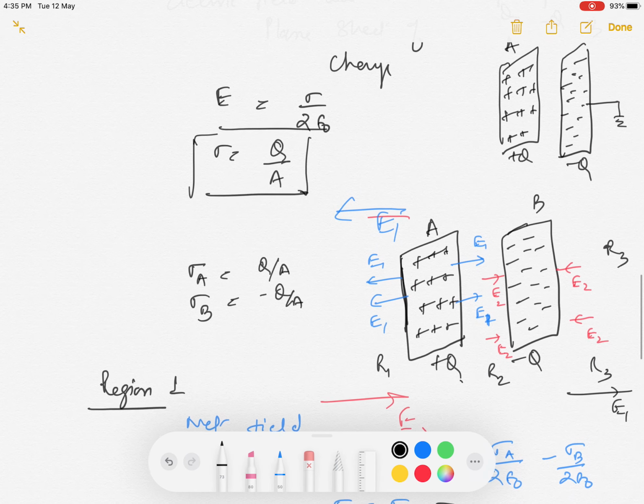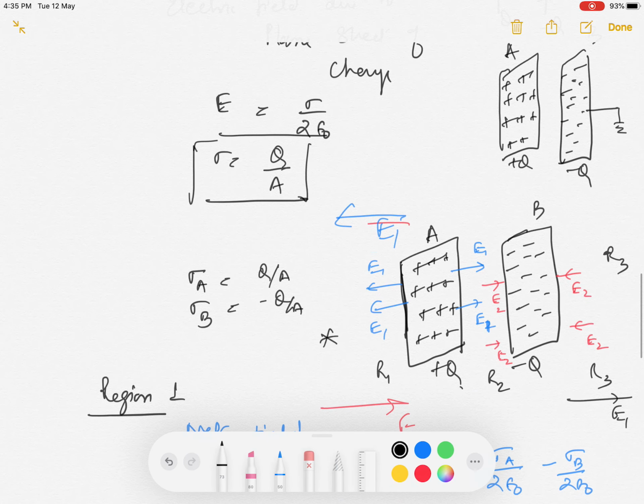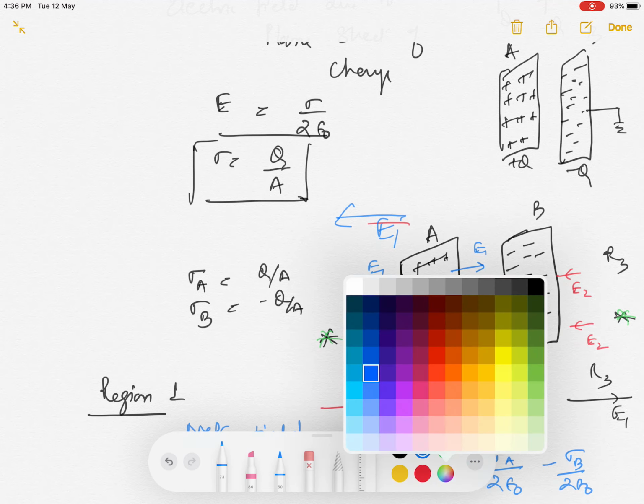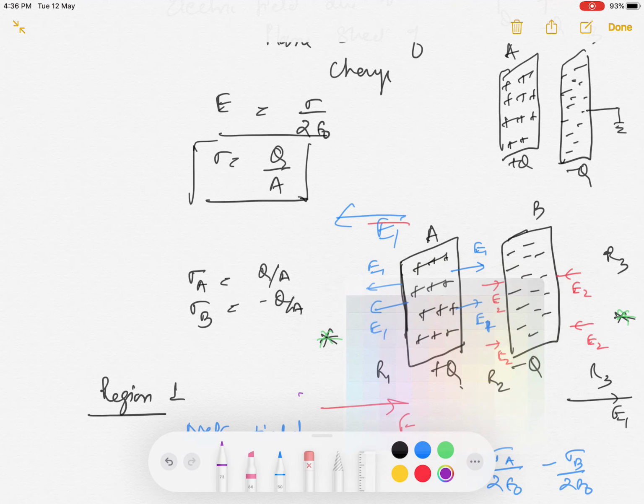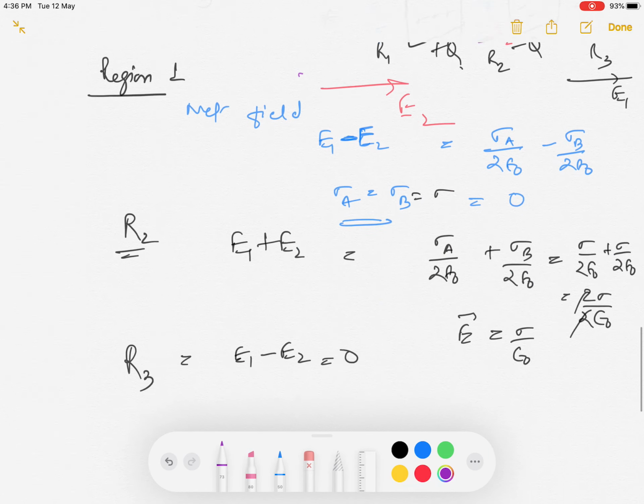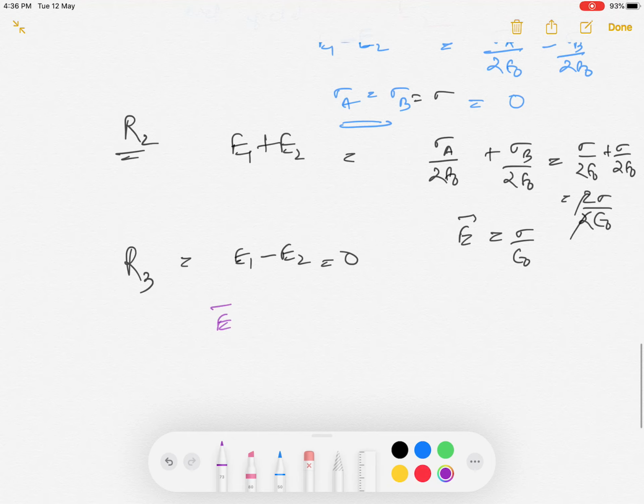So in both the cases, in region 1 and R3, the electric field is 0. Only between these two is there an electric field, and that electric field is given as sigma upon epsilon 0.